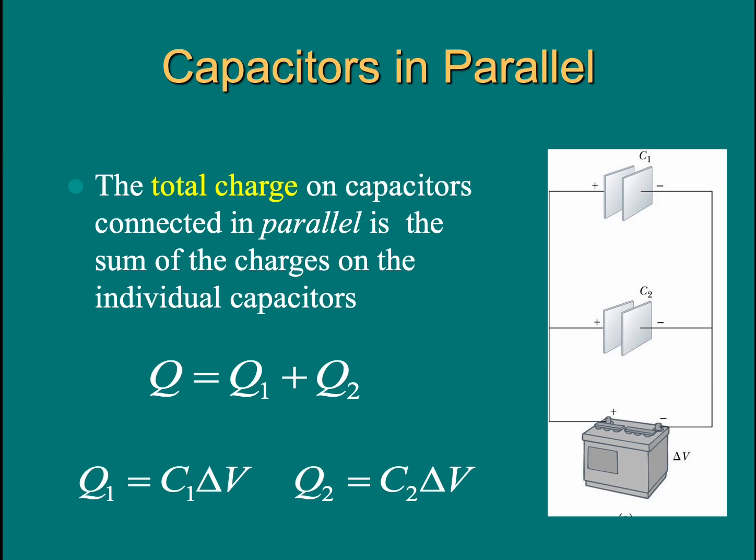Capacitor C1 would carry charge C1 times delta V. Capacitor C2 will carry charge C2 times delta V. The total charge on those two capacitors in parallel is the sum of the charge carried on C1 and C2. So total charge Q equals Q1 plus Q2.